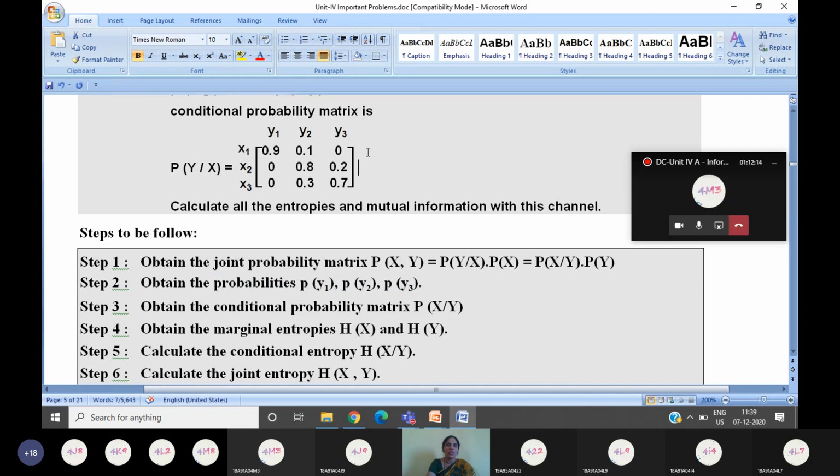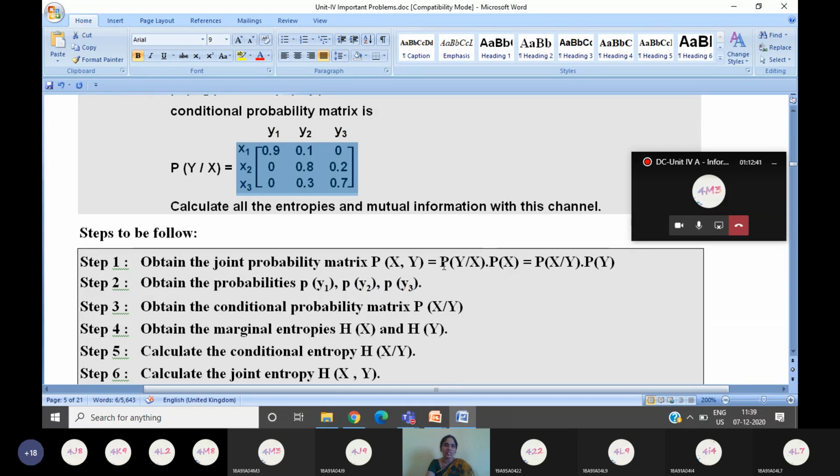Or if receiver probabilities are given, then calculate the transmitter probabilities. How many messages there will be depends on the matrix size once again. Here, because it is 3 by 3, there are three transmitter messages and 3 receiver messages. Sometimes there may be a 2 by 3 or 3 by 2 matrix as well.